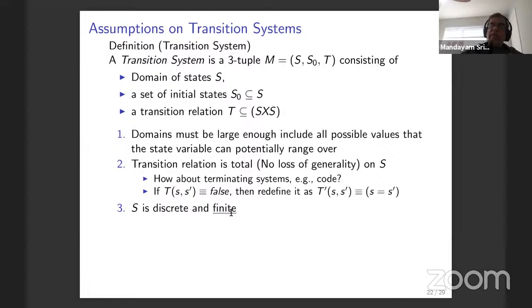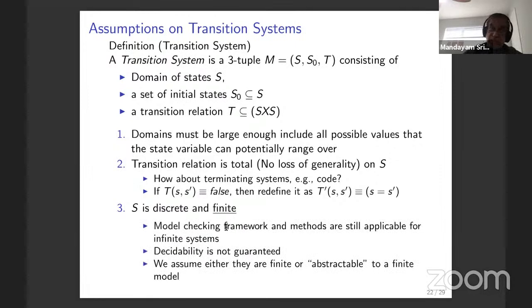But most of the algorithms and techniques that we will study in this course are applicable for finite state systems, where the transition systems are finite in the sense that their state is finite, but can be arbitrarily large. As I said, the model checking framework and methods are still applicable for infinite state systems. But for infinite state systems, unless you make certain assumptions, decidability is not guaranteed.